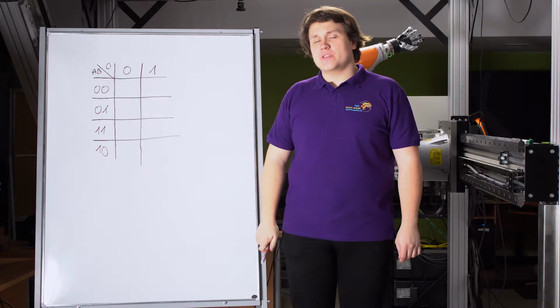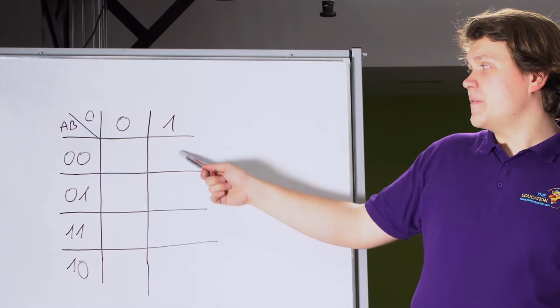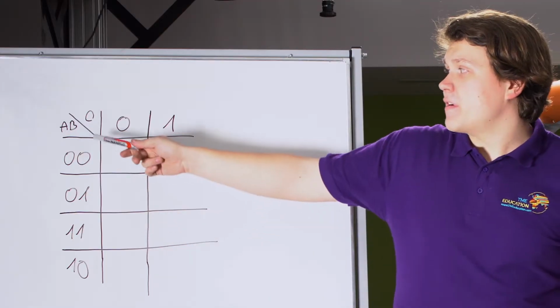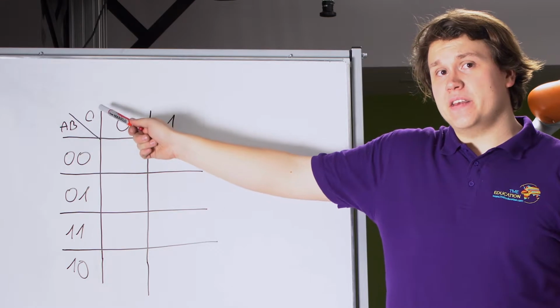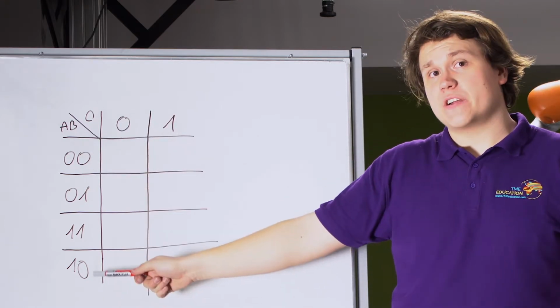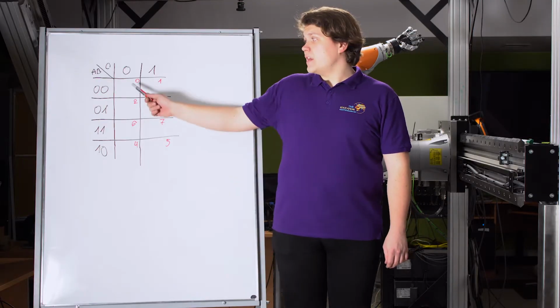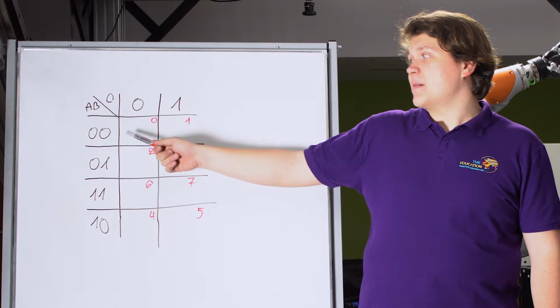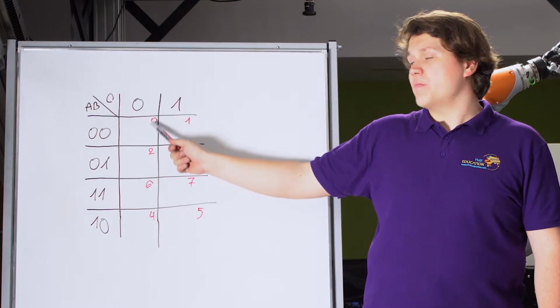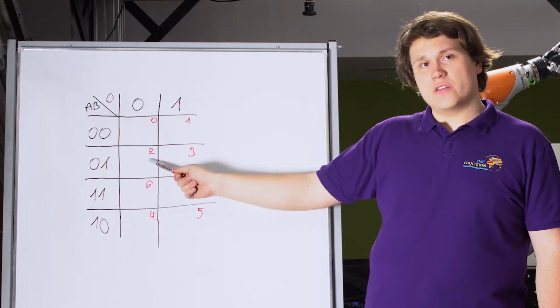Now we have to draw the Karnaugh table with 8 fields, so 8 different output states. We have 3 inputs, A, B, and C, put in rows and in columns with a gray code. Now we put the value in each field. So, for example, 0, 0, 0 means 0, and 0, 1, 0 means 2.